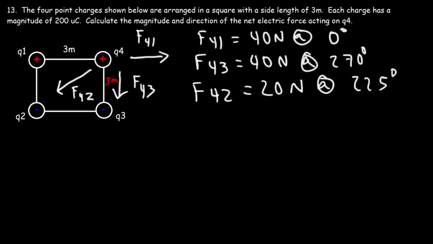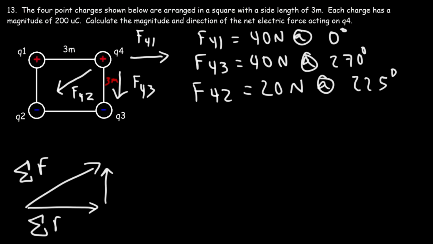Now our next step is to basically add the components of these 3 vectors. In order to get the resultant vector, or basically the net force acted on Q4, you can call it the sum of the forces, we need to find the sum of the forces in the x direction and the sum of the forces in the y direction.